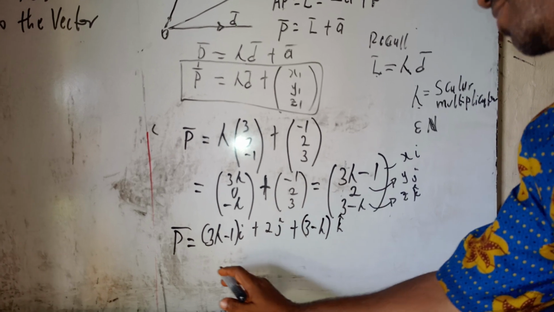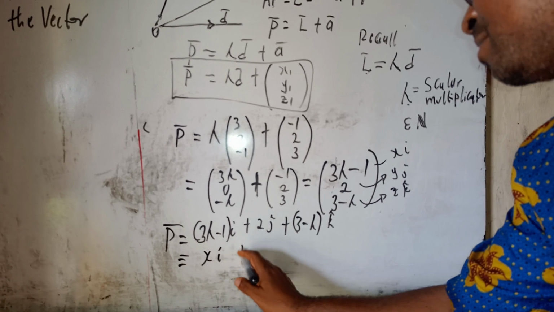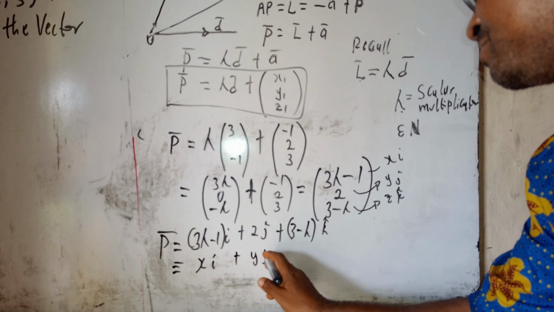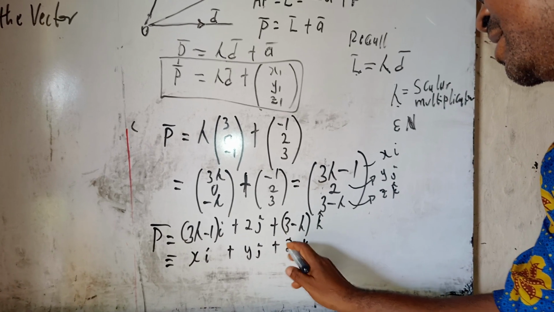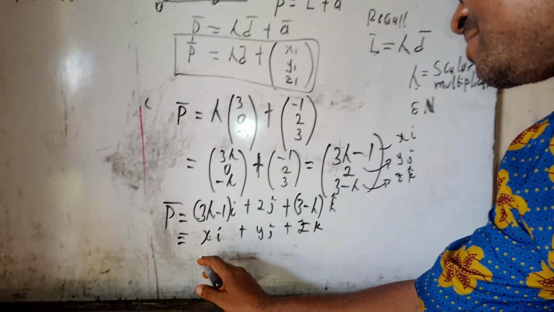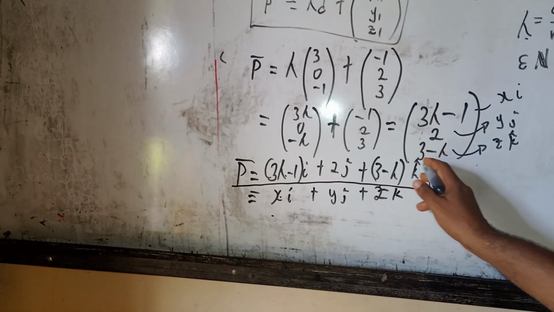So this is similar to writing xi plus yj plus zk. What I have here is already the vector equation we are looking for.